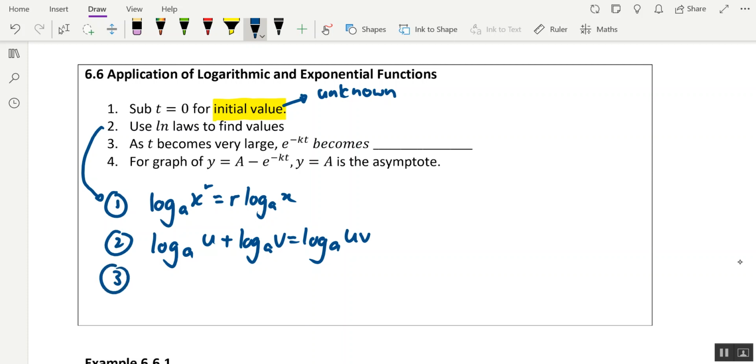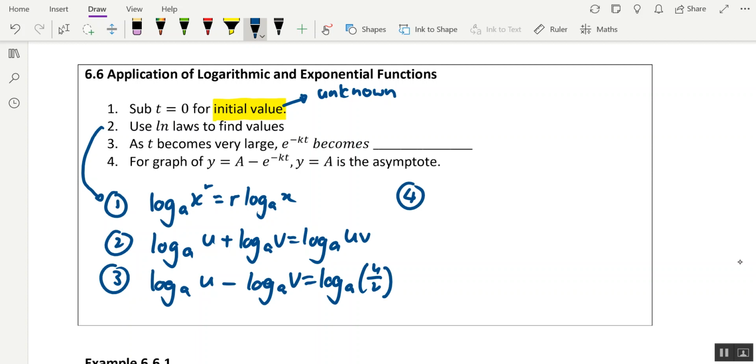Number three, log a u minus log a v equals to log a u over v. And number four, the most important: if you have log base a of x equals to r, x equals to a to the power of r.